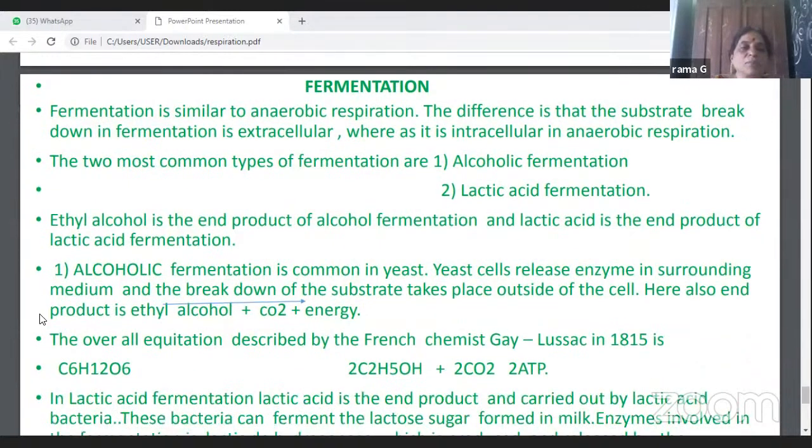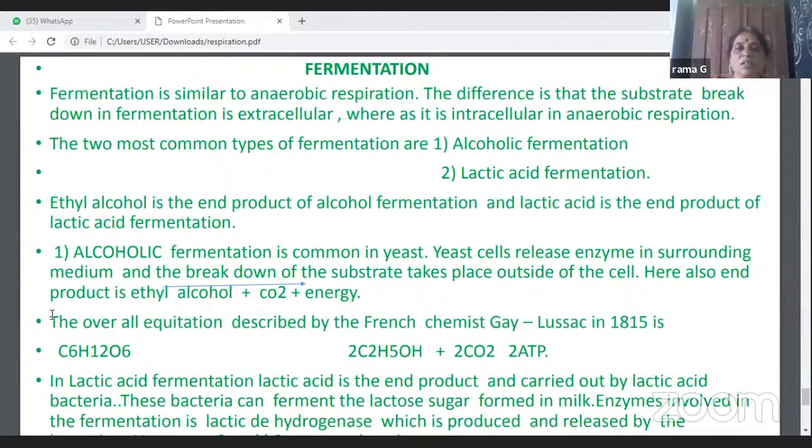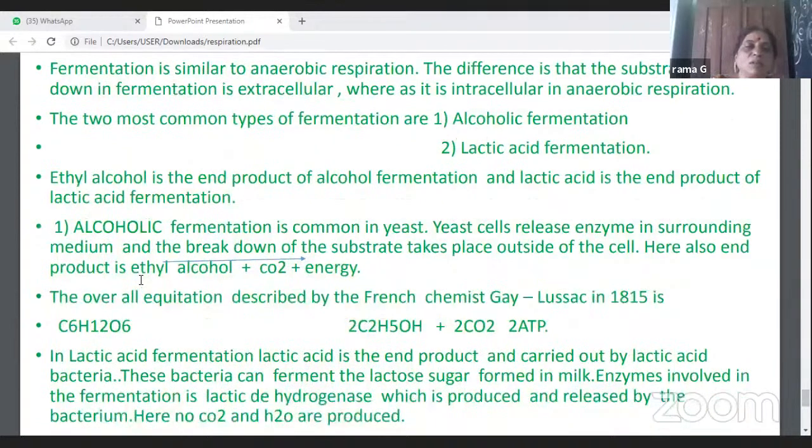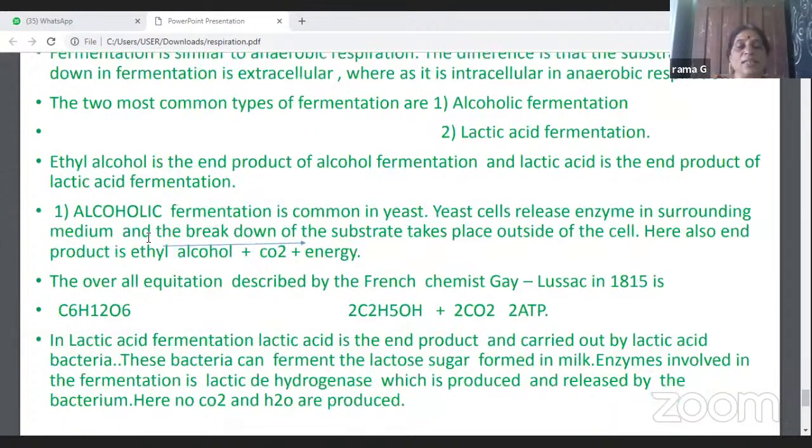Alcoholic fermentation is mostly observable in yeast, which is a unicellular organism. Saccharomyces is its botanical name. So in Saccharomyces or yeast, we can observe alcoholic fermentation very easily.